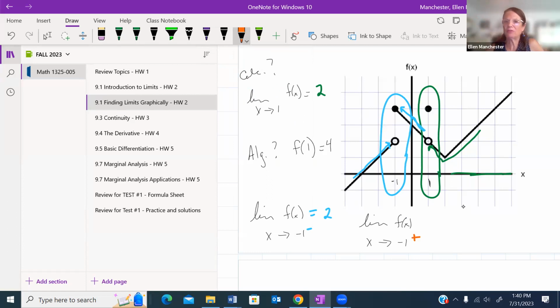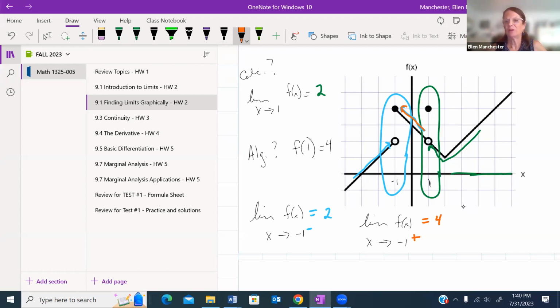So from the positive side, that's this side. I'm coming in and I'm heading towards -1, but it's heading towards 4. So this is the problem. Left side is coming in, it heads towards 2. Right side, it's coming in, it heads towards 4. My fingers are not together.